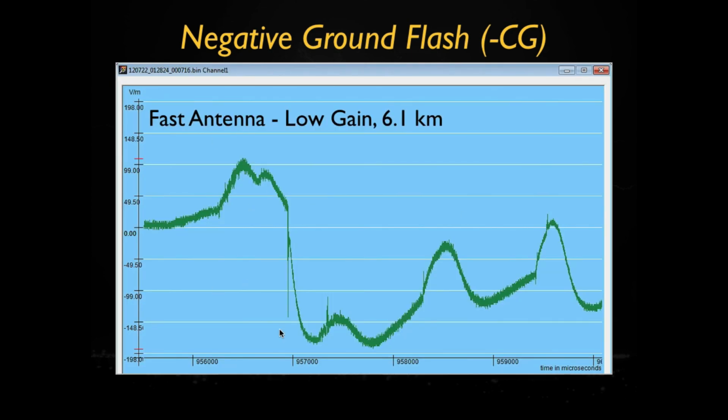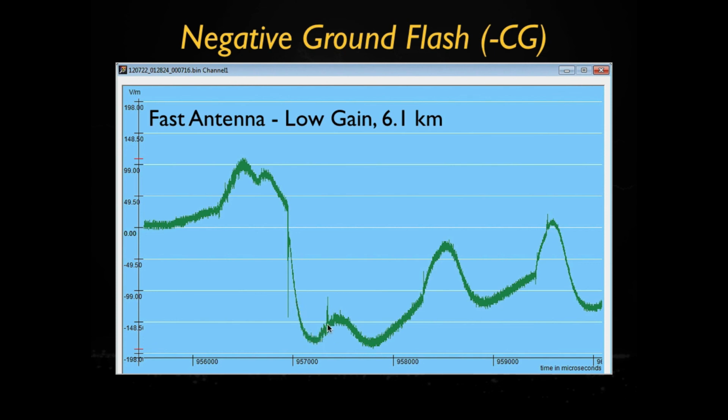If we look in detail at that first recoil leader and connection, we can see that this is associated with the development of the recoil leader, and then here's the abrupt return stroke, negative change due to the return stroke. You can see how sharp that is. And then this is a continued negative change following the return stroke due to the redevelopment of the upward positive leader that's essentially left behind.